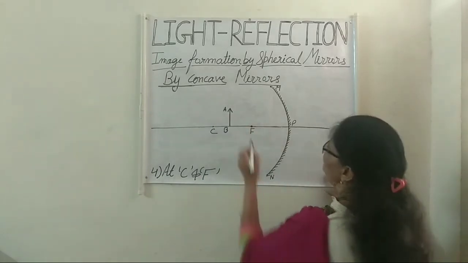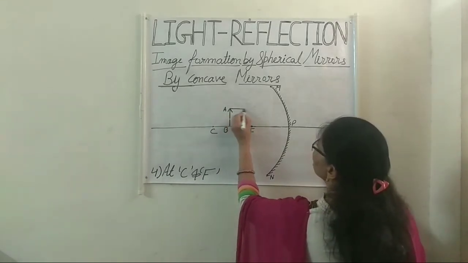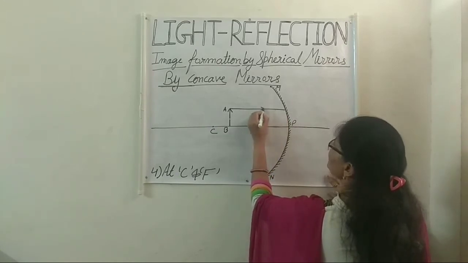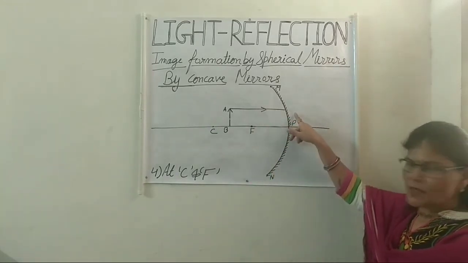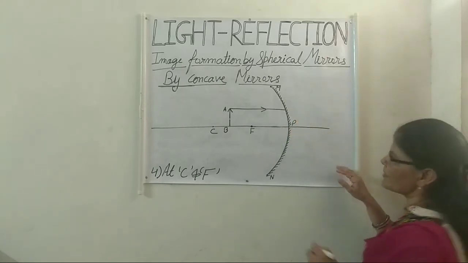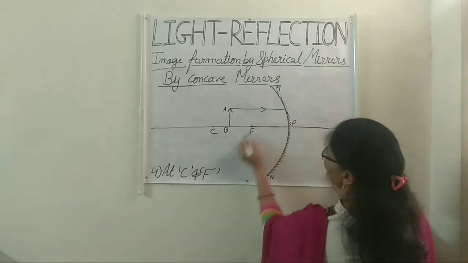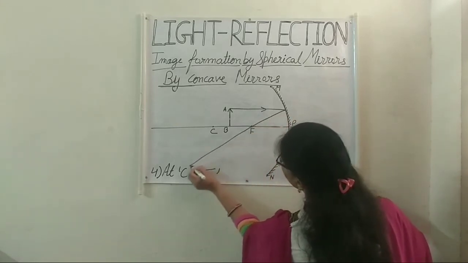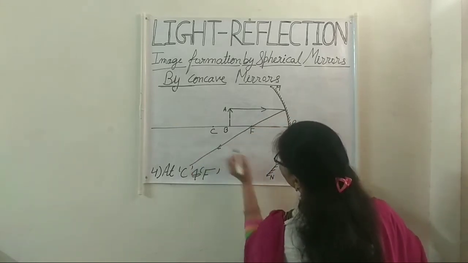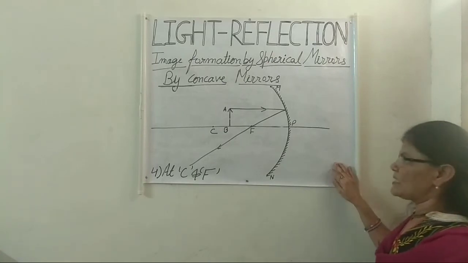When the incident ray is parallel to the principal axis, then the refracted ray will pass through the principal focus. This is the first case.